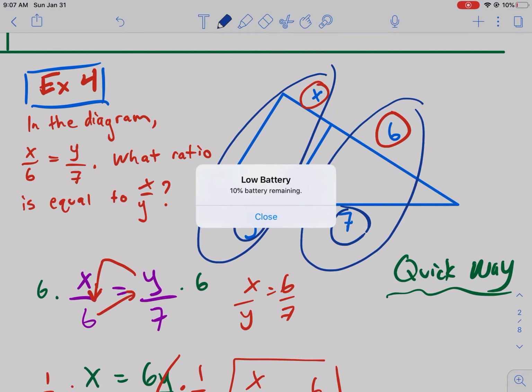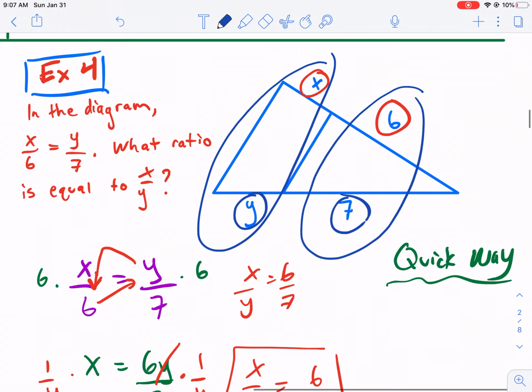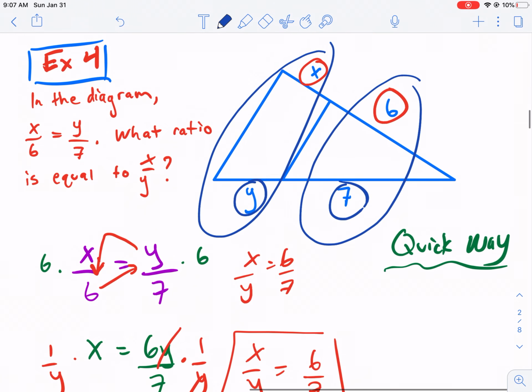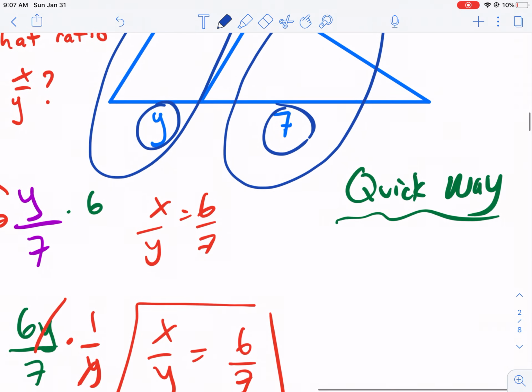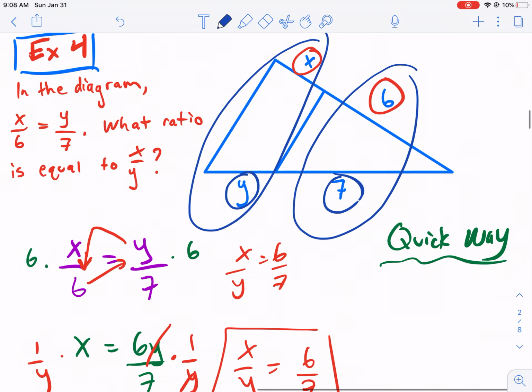If these triangles are similar, then we can say those are also similar, okay. It has to be similar though. These are similar proportions.